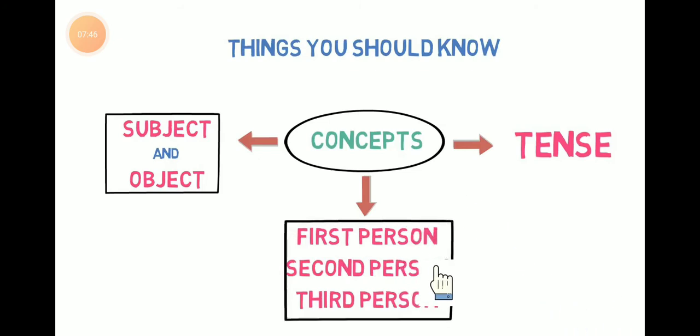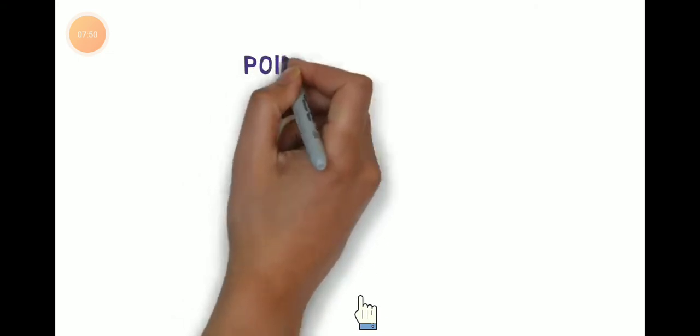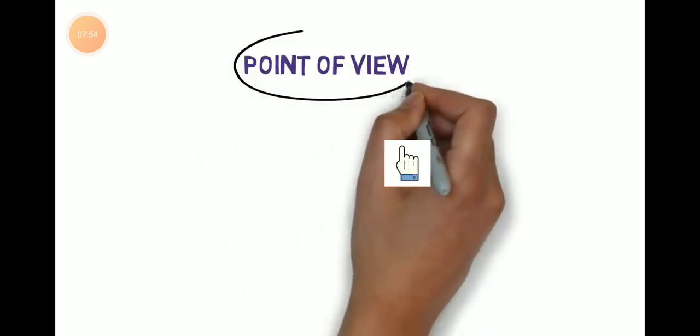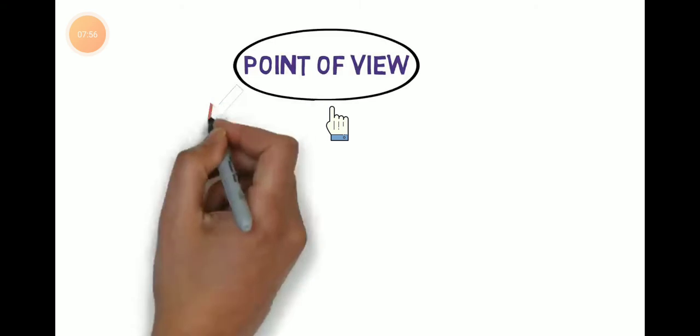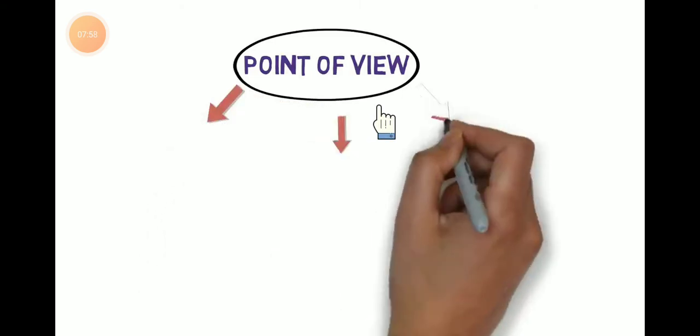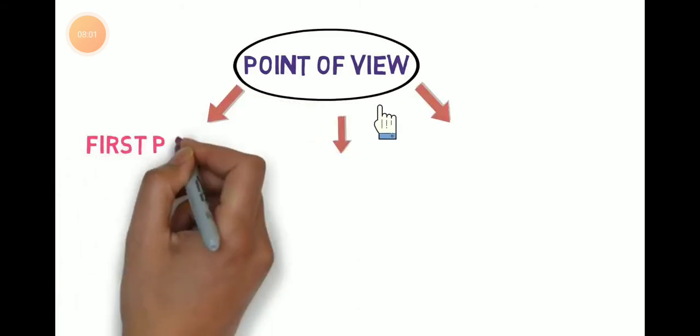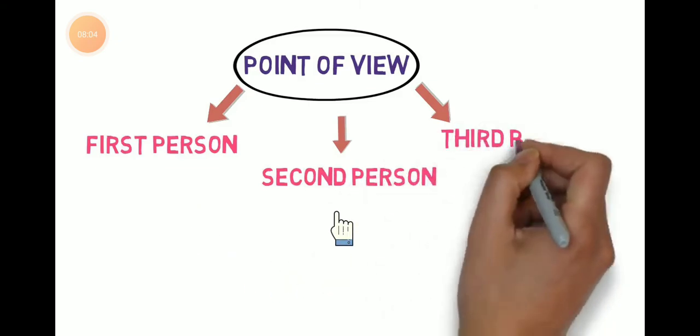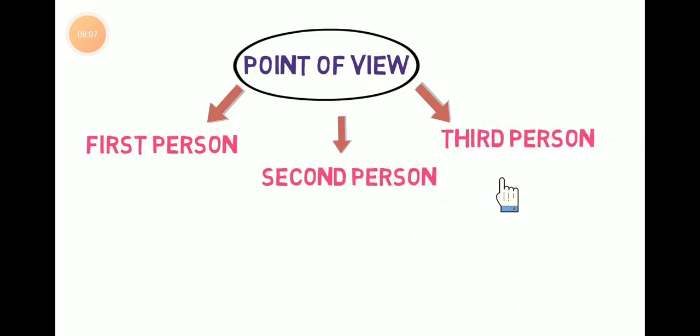Let's discuss now about first person, second person, and third person. So what is the first person? Here for the first person we have to memorize the point of view. See, first person, second person, third person are divided according to point of view.